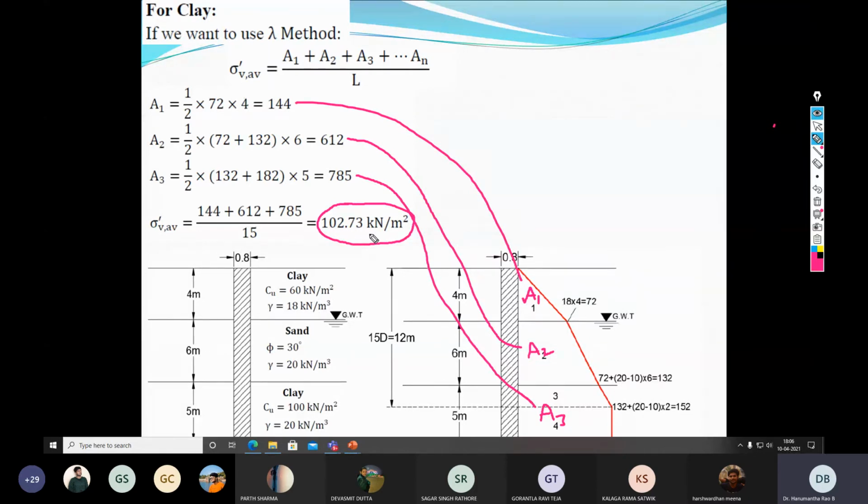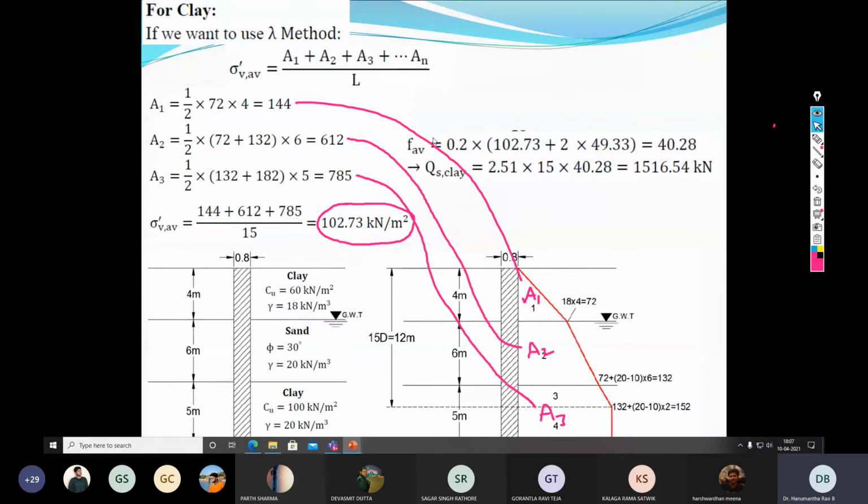So this is how you have to calculate the mean cohesion and mean effective stress in the lambda method. Now the rest is straightforward. I know sigma V dash, I know Cu, so substitute in the average skin friction equation and again in the QS equation. So F average is equal to lambda into sigma V dash plus 2 times Cu.